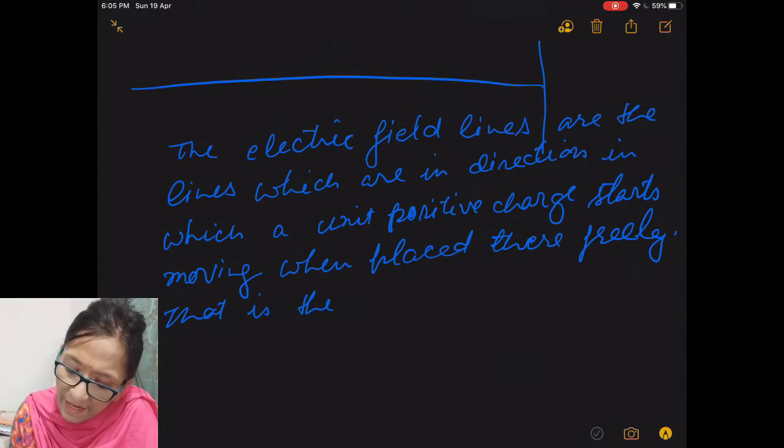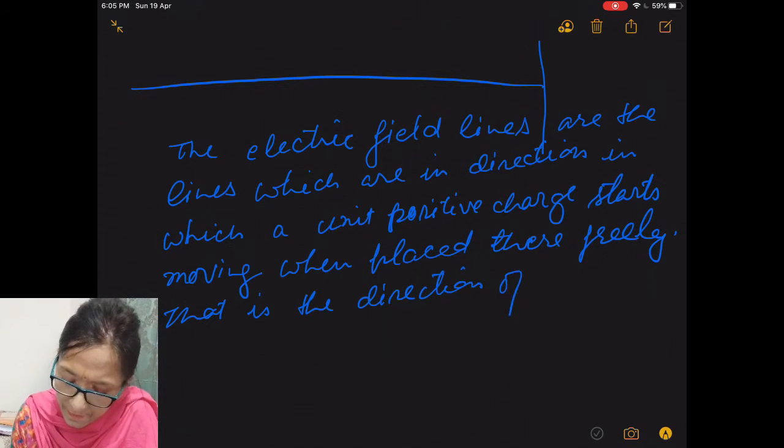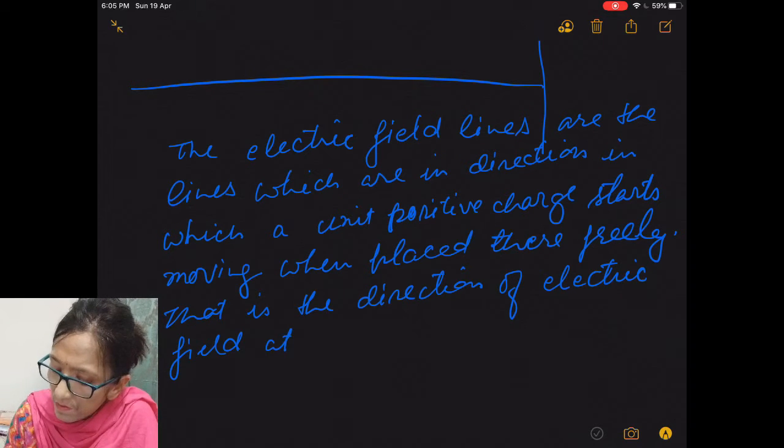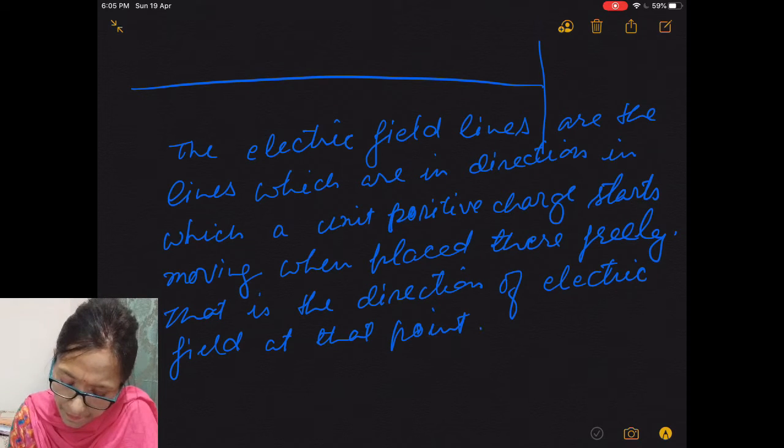So that is the direction of electric field at that point. That is the direction of electric field at that point.